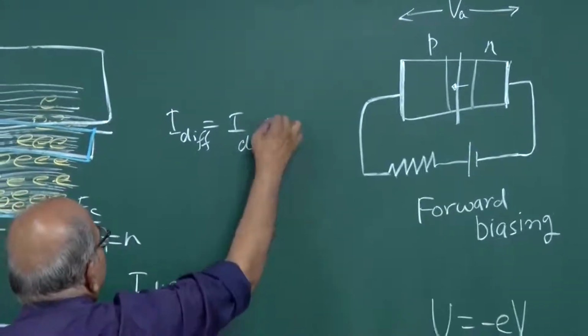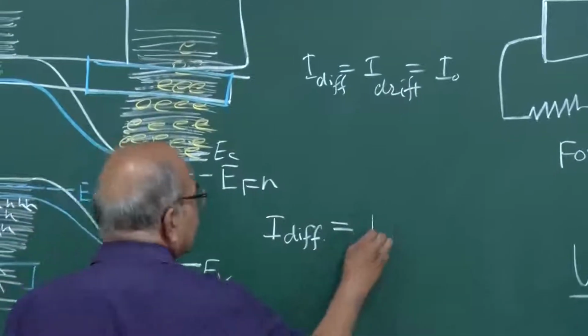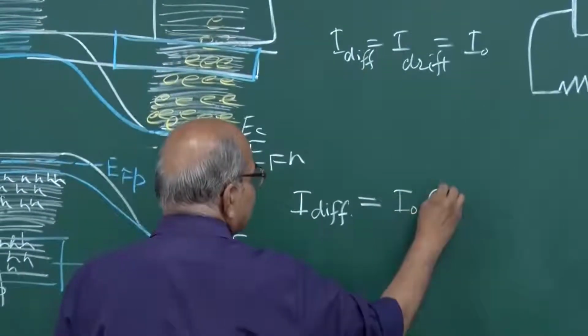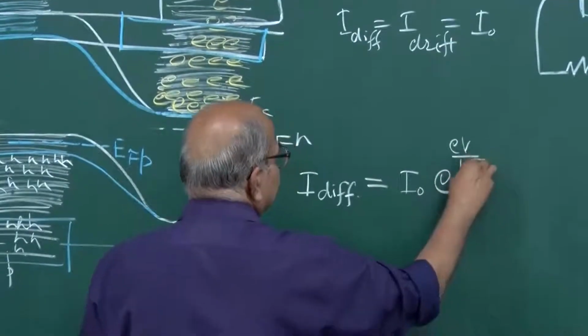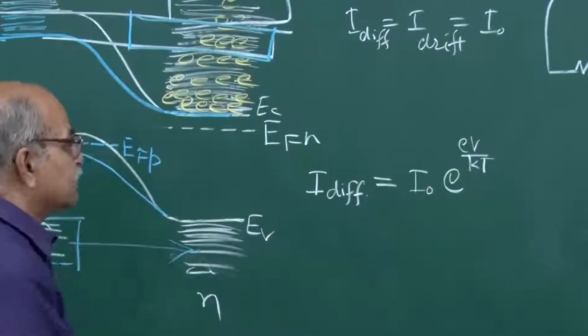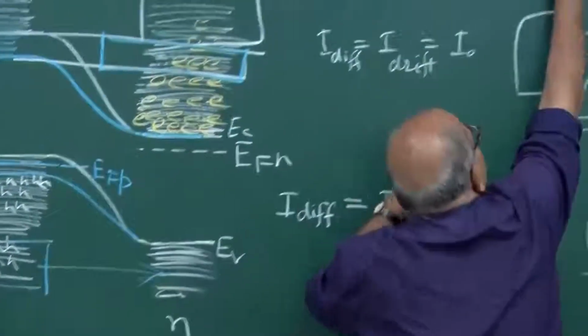If you call it I naught, then now the diffusion current is I naught multiplied by some exponential factor, which is in fact like this, e power eV by kT. Diffusion has increased. This V is this V, VA.